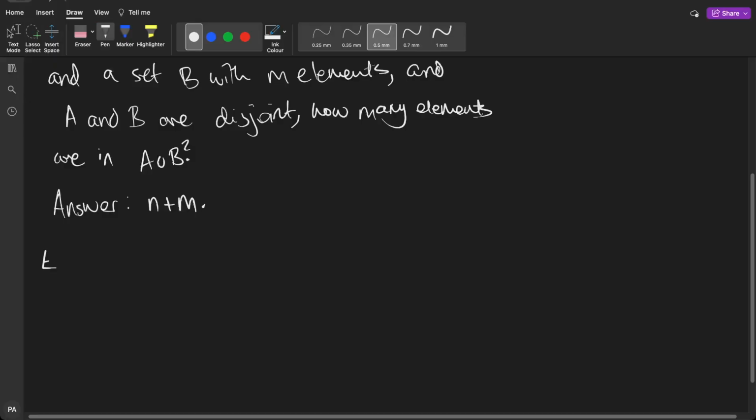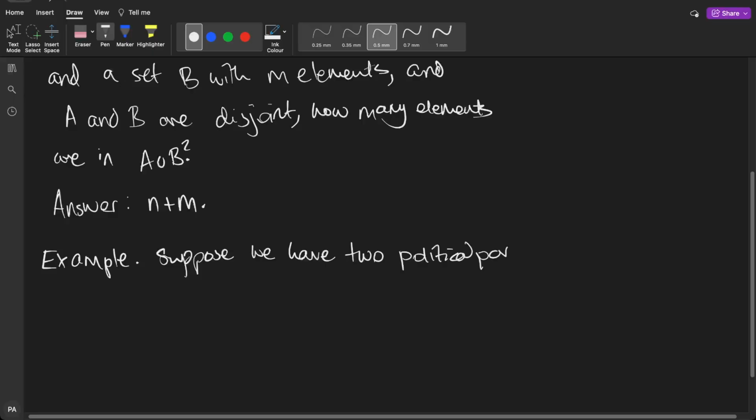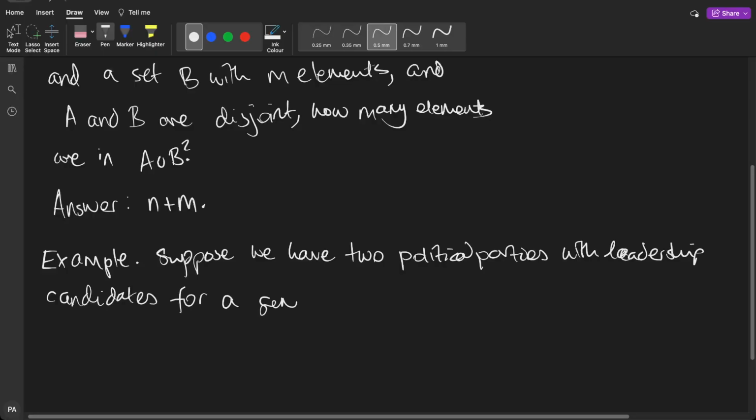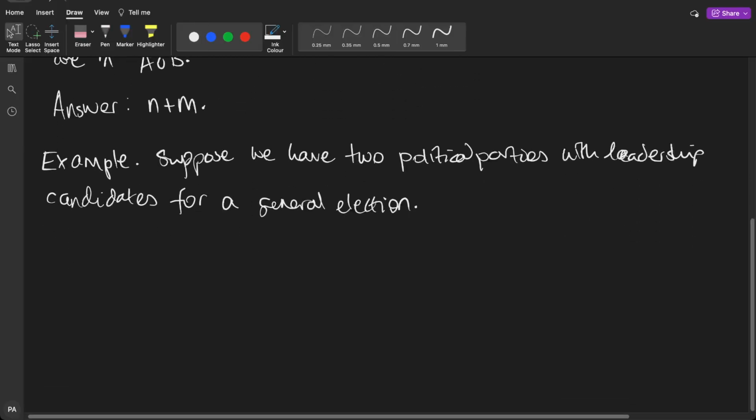And to do that, I'd like to offer an example. Suppose we have two political parties with leadership candidates for a general election. Now, obviously, I'm not going to name these political parties, so we will just call the set of leadership candidates.